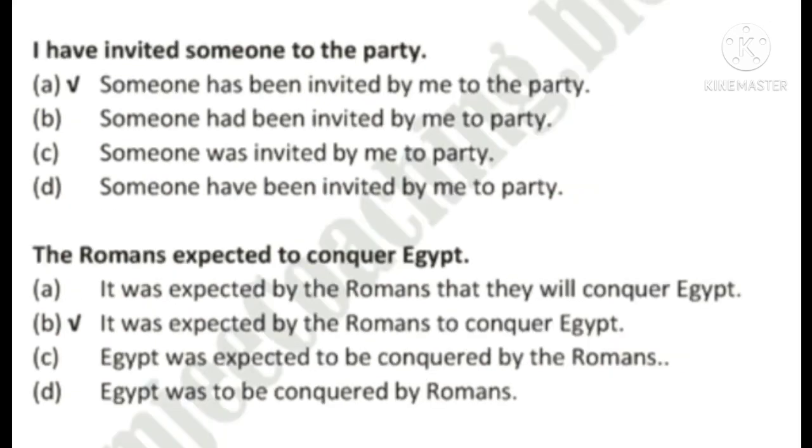Next one. Are you understanding, my children, how to look out for answers? If there is a has or have in your question, then in your answers look out for has or have been and verb in the past participle form. Been is the word to look out for over there. If your verb is in the ing form, then being is the word to look out for in your answer.